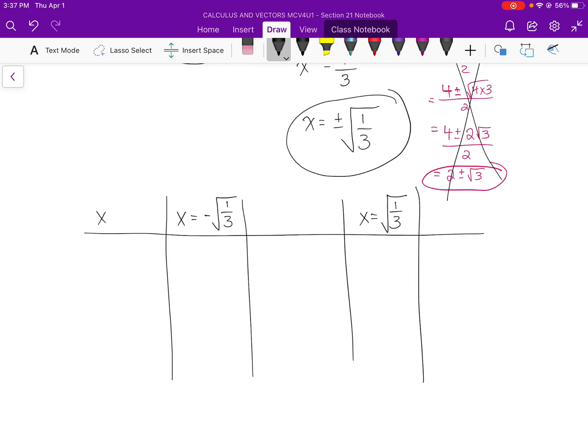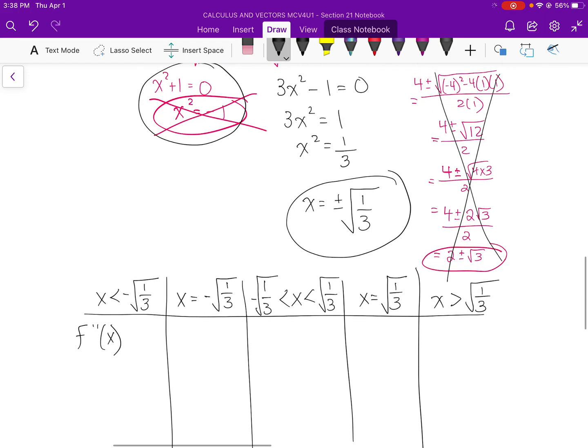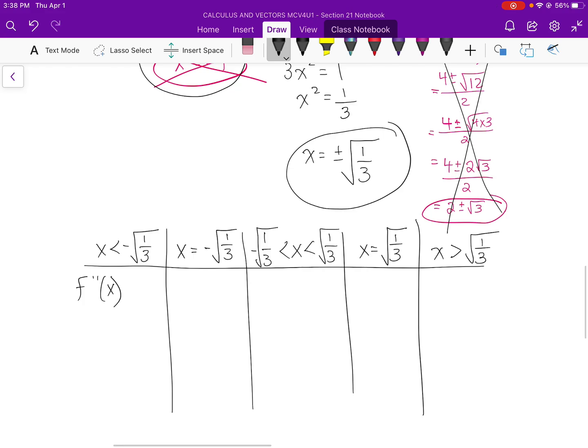Let's investigate what's happening when x is less than negative root 1 over 3, what happens when x is in between negative root 1 over 3 and positive root 1 over 3, and what happens when x is greater than root 1 over 3. You're just going to check the second derivative, test the values, and see if it is positive or negative.